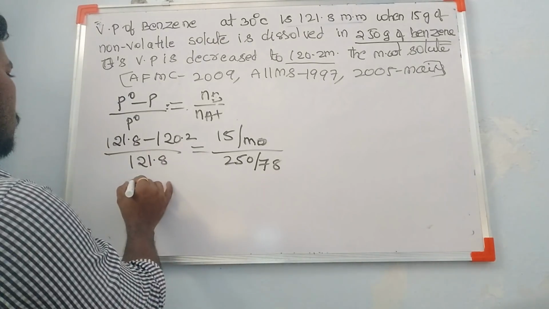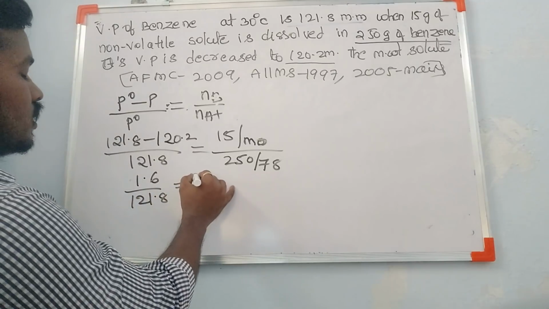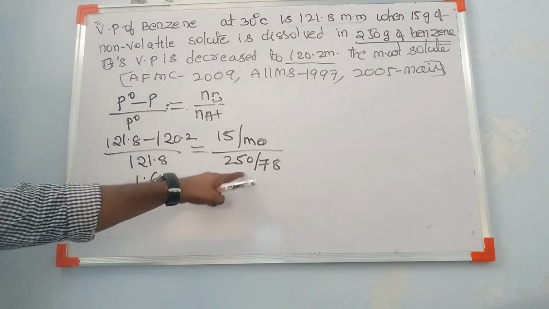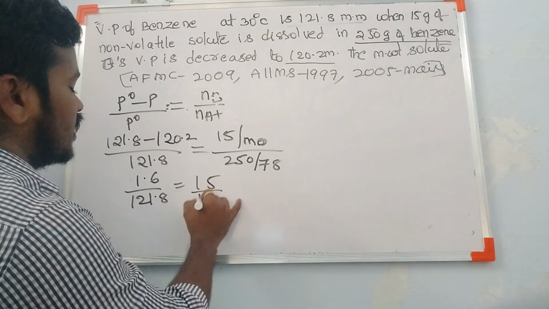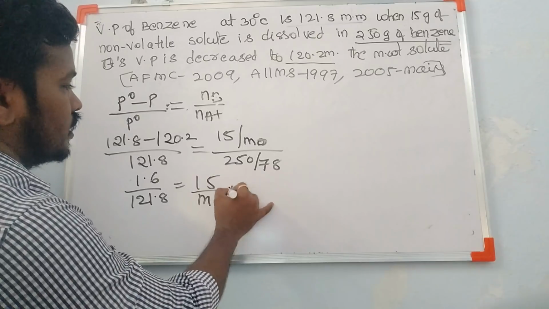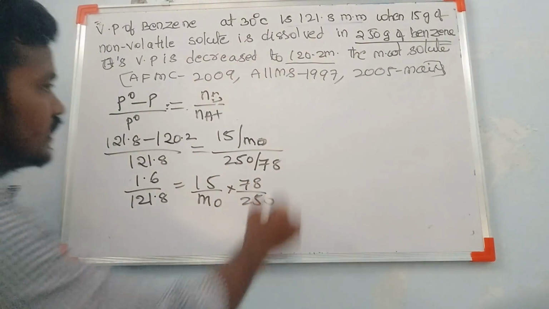On subtraction we get 1.6 by 121.8 is equal to 15 by molecular weight divided by 250 by 78. So we have to calculate the molecular weight.